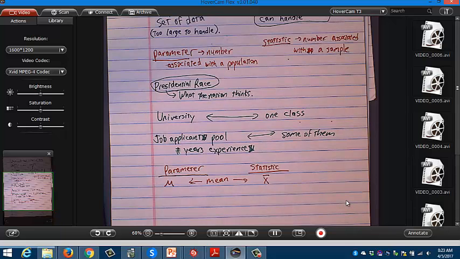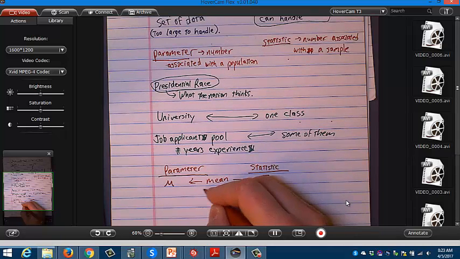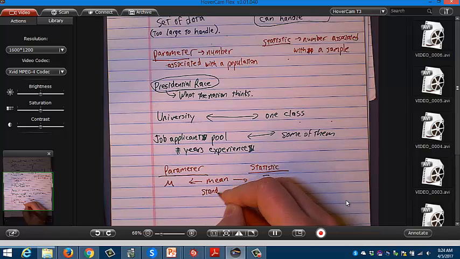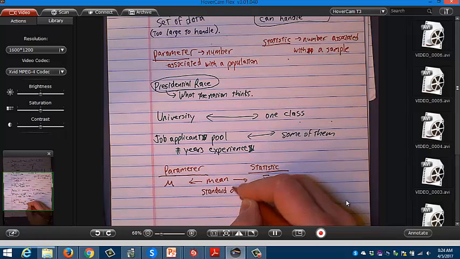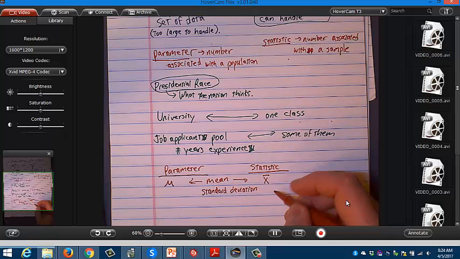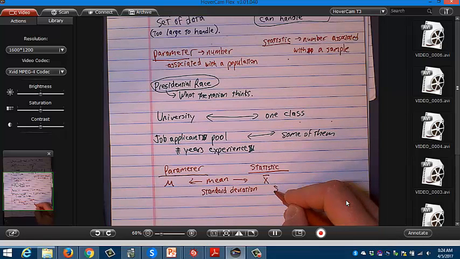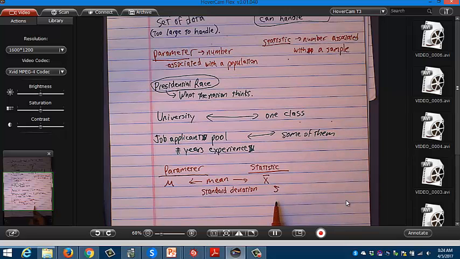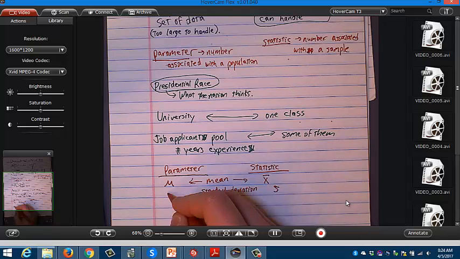We also have a measure of spread or variance or standard deviation. Do you remember what letter we use for standard deviation? It's not hard. It's like an O. Well, this one's S. And the other one, yes, it does look like an O with a squiggle, but it's actually the Greek letter S. It's called sigma.